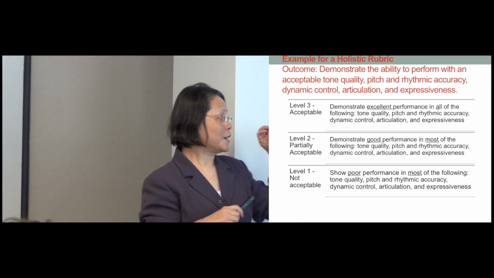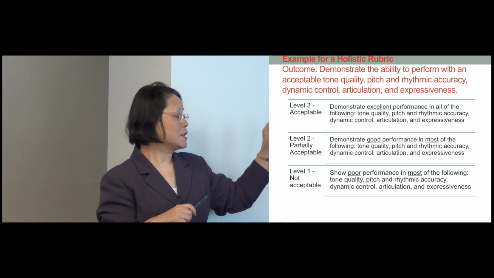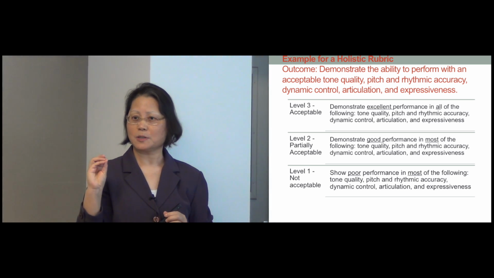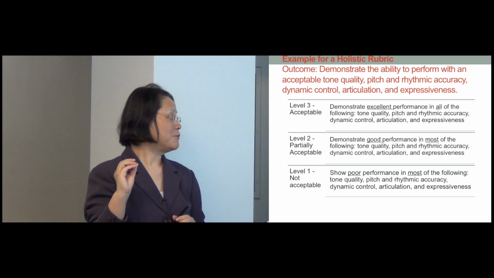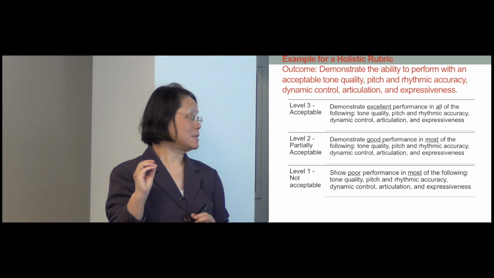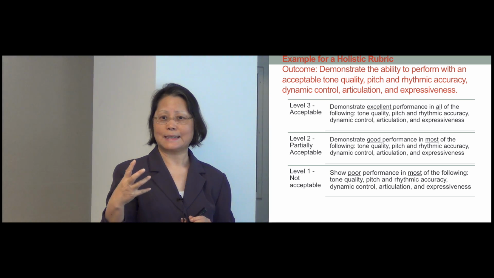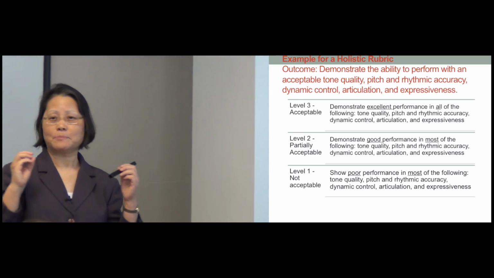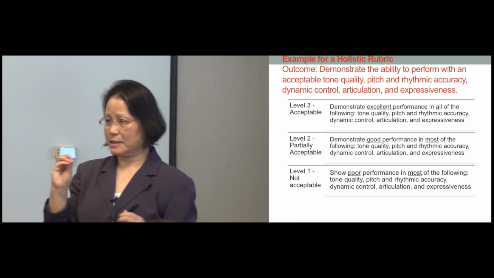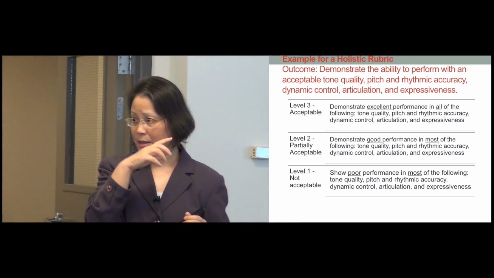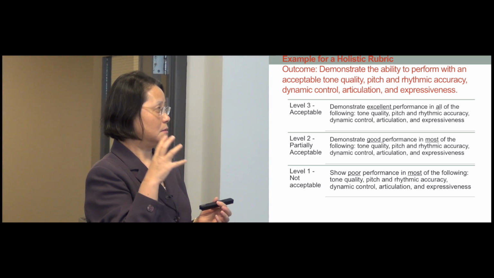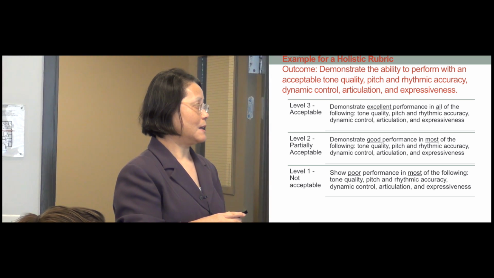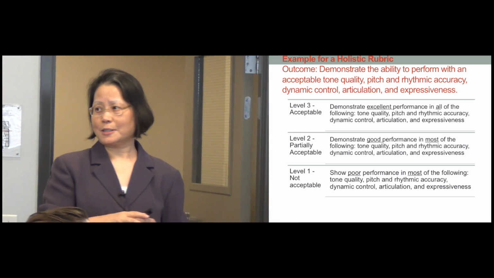So for a holistic rubric, we can include all those components, all those dimensions, all those criteria. Then for level 3, which we consider acceptable, we say students demonstrate excellent performance in all of the following: tone quality, pitch and rhythmic accuracy, dynamic control, articulation, expressiveness.